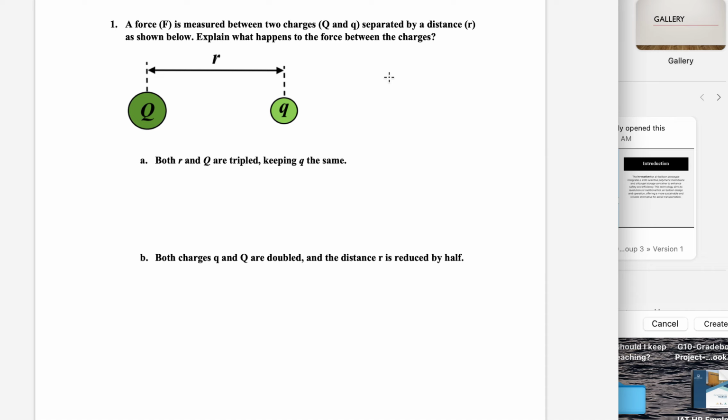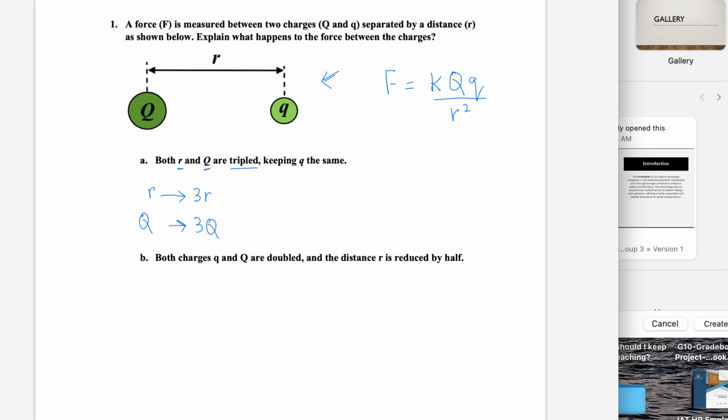Let's first write down the formula for Coulomb's force or electrostatic force, which is K Q1 Q2 over r squared. In this case it is K capital Q small q over r squared. That's the formula for Coulomb's force for this particular diagram. Now it says both r and Q are tripled, meaning r becomes 3r, and capital Q also becomes 3Q.